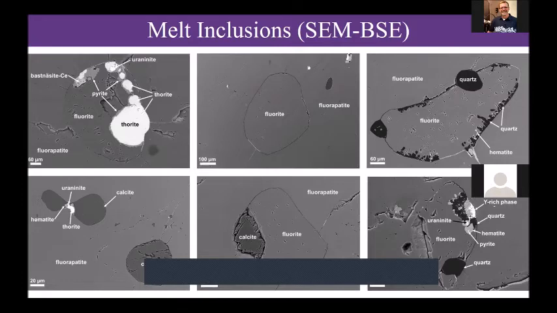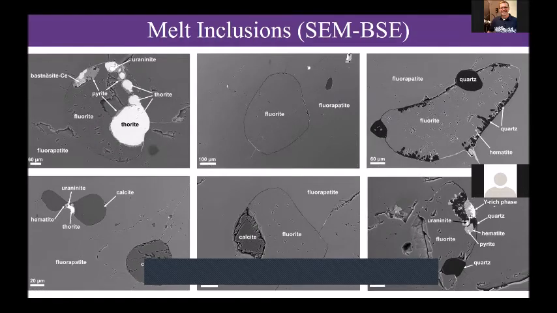So here are some examples of backscattered imaging in SEM of melt inclusions in apatite crystals. So we see both monomineralic examples of melt inclusions of calcite in this example here, and fluorite in this example here. And we also see polyphase examples in the other inclusions pictured.